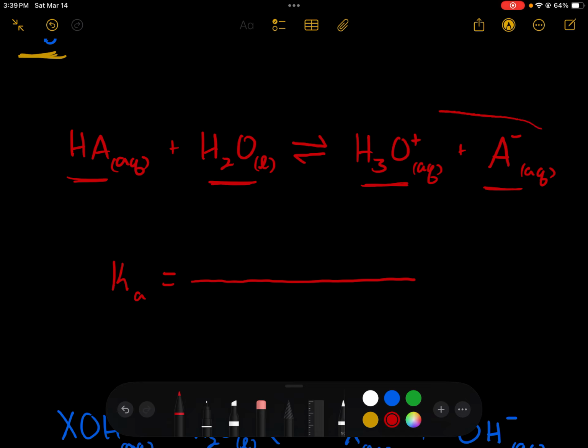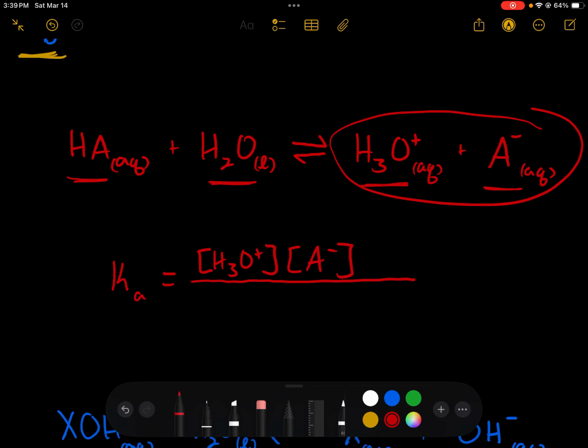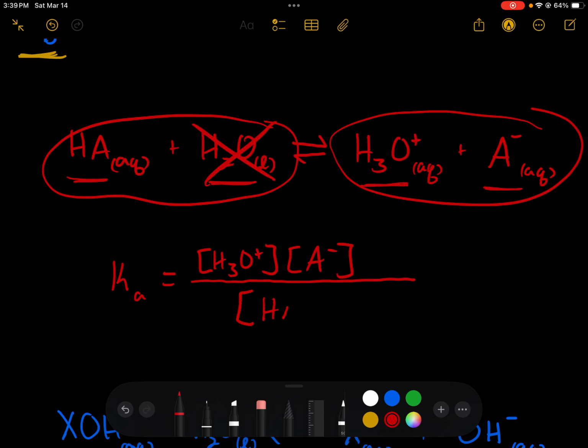So our two products over here, we have our H3O+ and our A-, which is just a generic anion. And on the bottom, we have our reactants here. But notice that water is a reactant, but it's in liquid state. So we are going to exclude that one from this expression. So on the bottom, we would just have our generic acid, and that is our Ka expression.